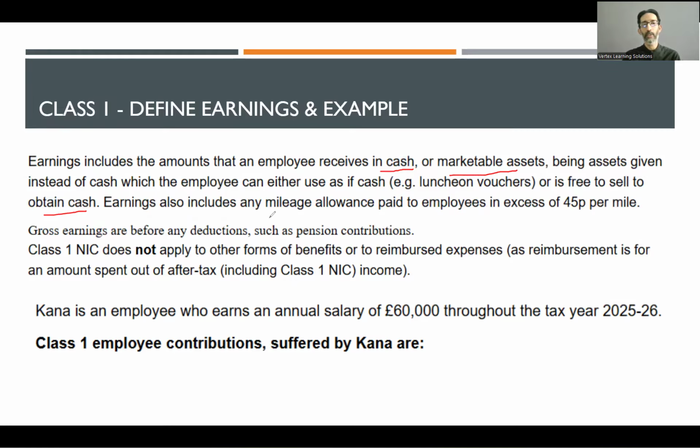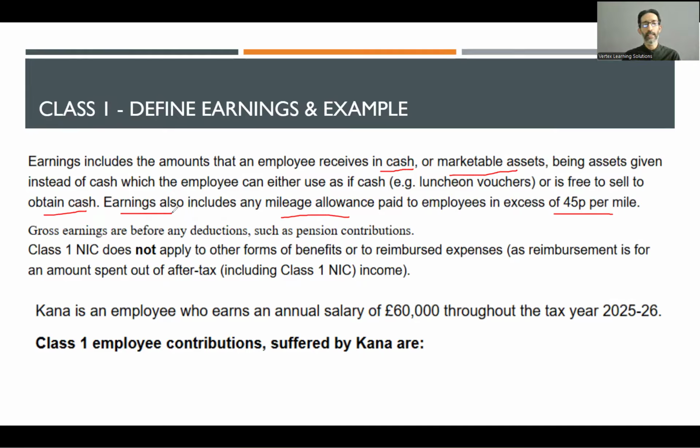Earnings also include any mileage allowance paid to employees in excess of 45 pence per mile. For example, the employee is using their own car, so they get a mileage allowance. For the first 10,000 miles you get 45 pence, and beyond that you get 25. So earnings would include any excess as well.